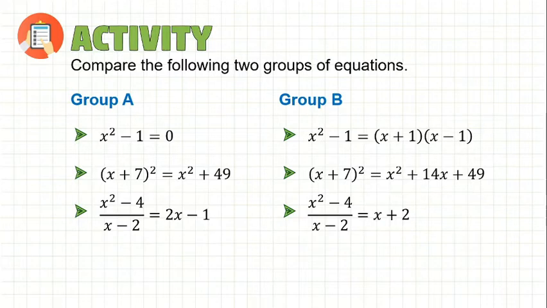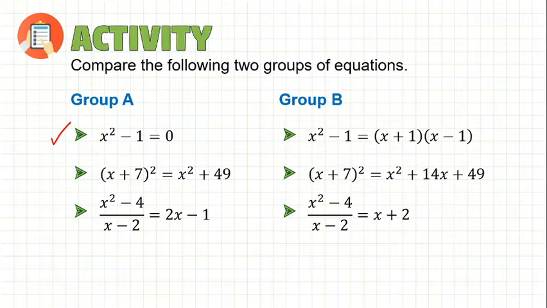numbers. Okay, now take note for equation 1 here, x squared minus 1 equal to 0. If we will try to substitute any real number to the equation, the output will be still a real number, right? So therefore, for equation 1, the domain will be the set of real numbers.